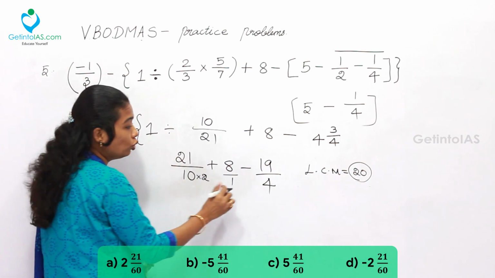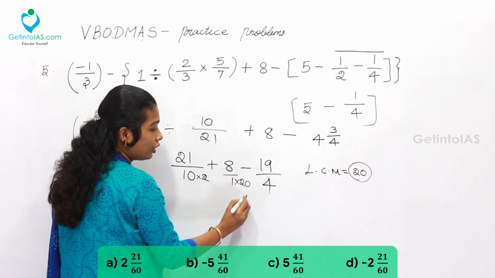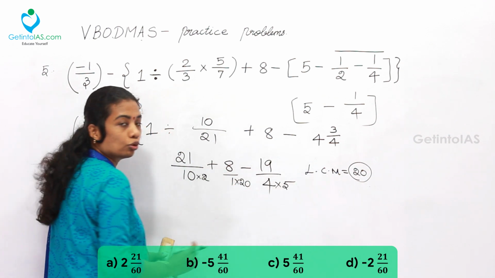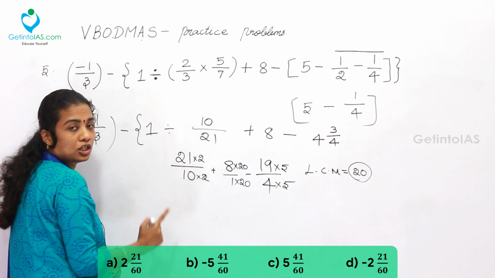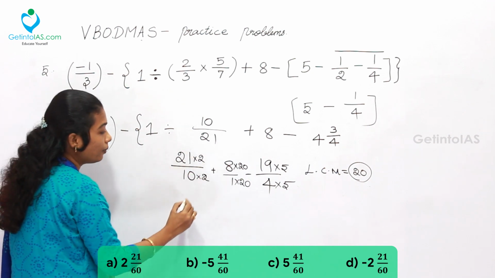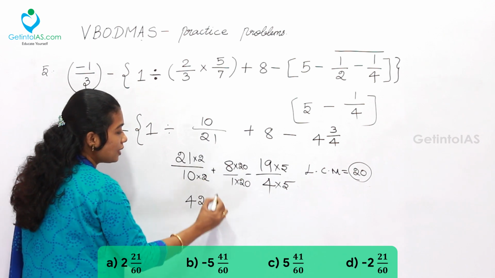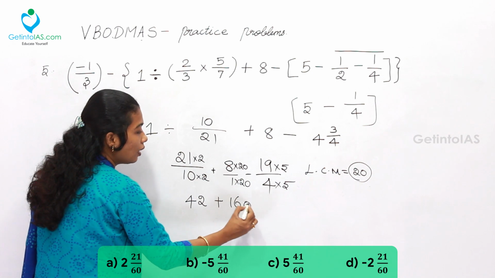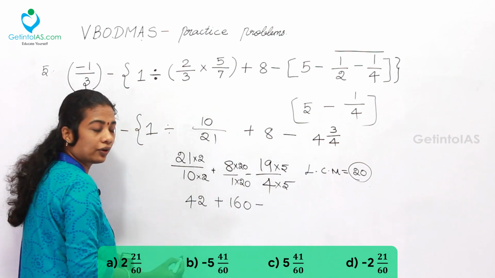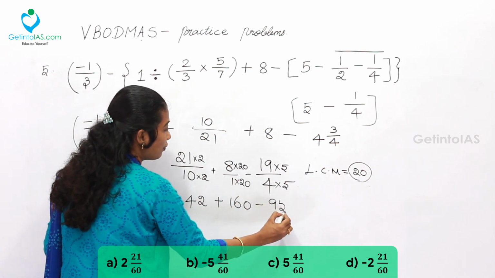After getting the LCM as 20, you can directly make the denominator the LCM. So I am taking 2 over here, I am making 20 over here, I am making 5 over here. Also I have taken the numerator to multiply with these values. What is 21 into 2? 42 plus 8 into 2, 160 minus 19 into 5, which is 95.